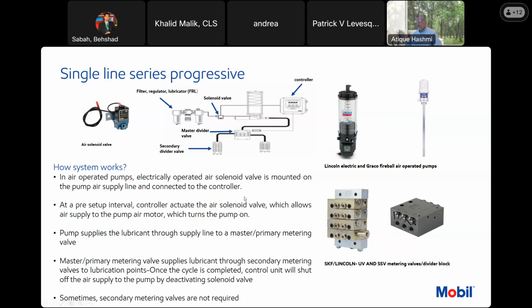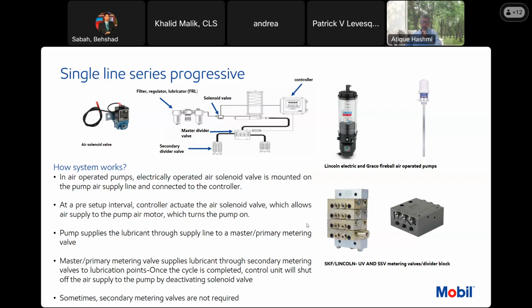So any question on this one? There is no question in the chat, but I have a question. These divider valve blocks, are they fixed quantity, or can you change the quantity based on adjustment screws that they have? Good question. So these valves are fixed quantities.